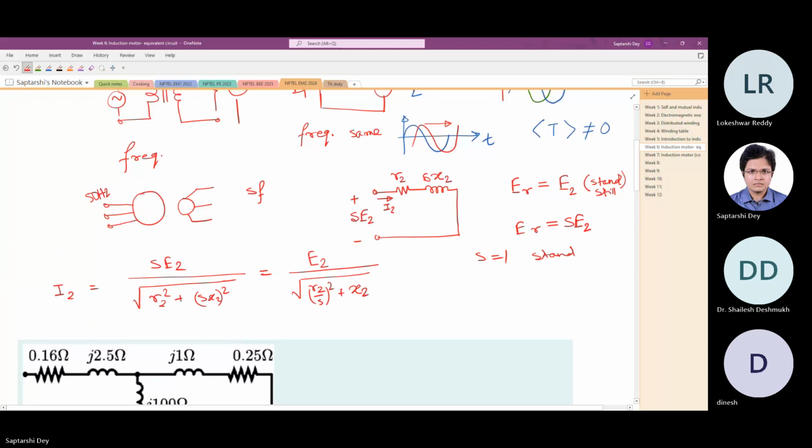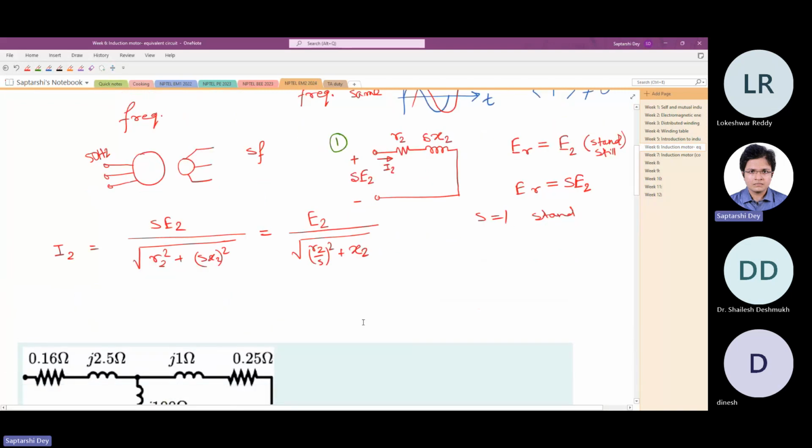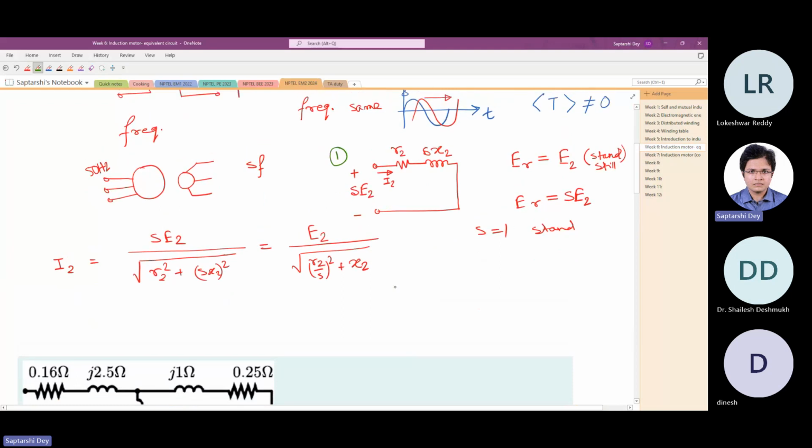Now see, if instead of this circuit that I have marked as 1, I have a rotor circuit like this, then it is equivalent. And at the same time, you cannot claim that this circuit changes or is frequency dependent.